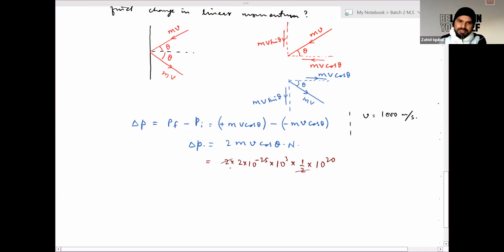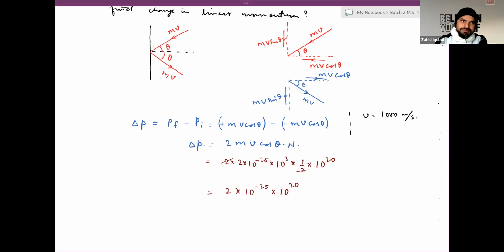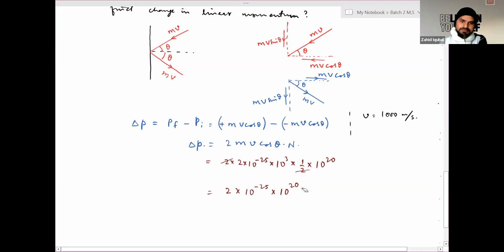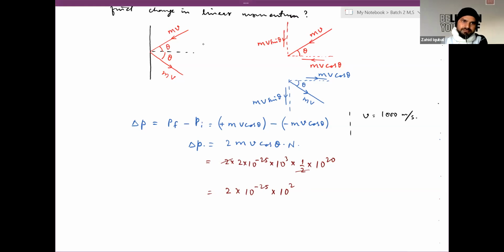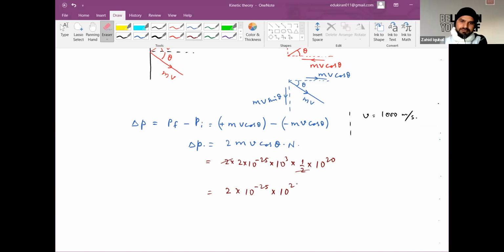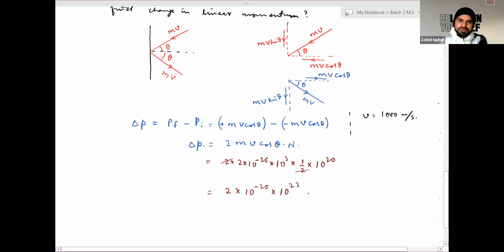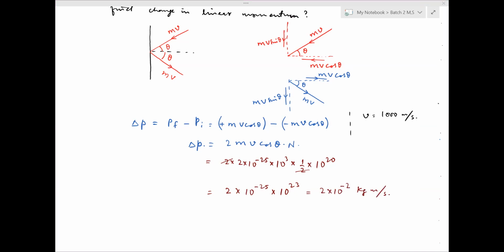This 2 and this 2 will cancel out. So you're left with 2 into 10 to the power minus 25 into 10 to the power 3 plus 20, plus 23. So on solving, you will get 2 into 10 to the power minus 2 kg meter per second. Samaira, is it clear? Yes, sir.